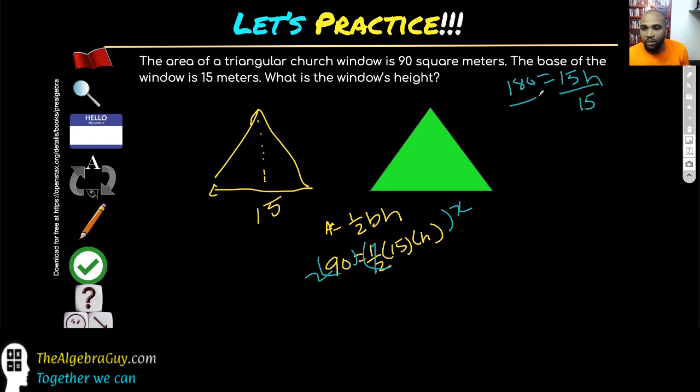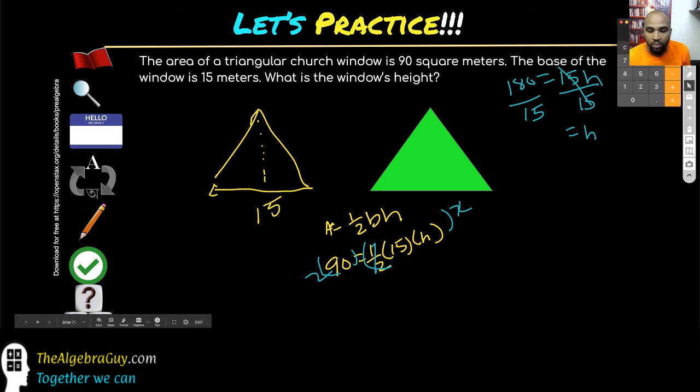Now we're going to check it after we're finished, just to make sure that you're feeling good about it. 180 divided by 15, and that is 12. All right, so let's double check here.